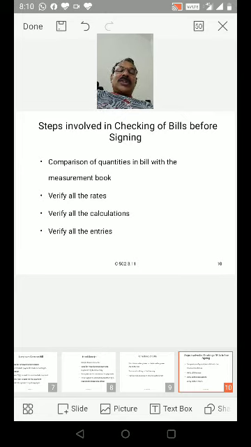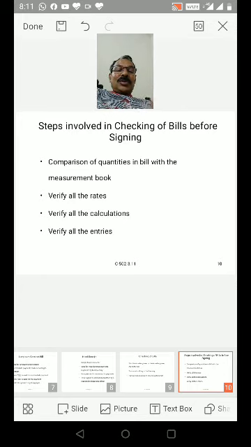As per the standard schedule rates, SSR, they will verify all the rates, all the calculations, and all the entries in the bill submitted by the contractors, comparing with the measurement book.